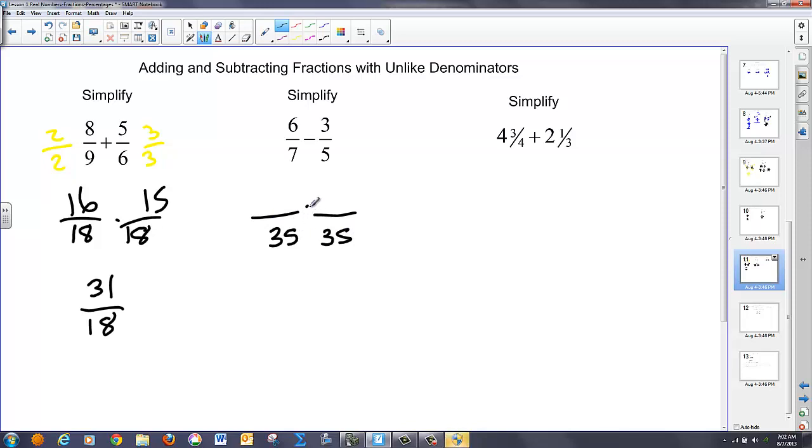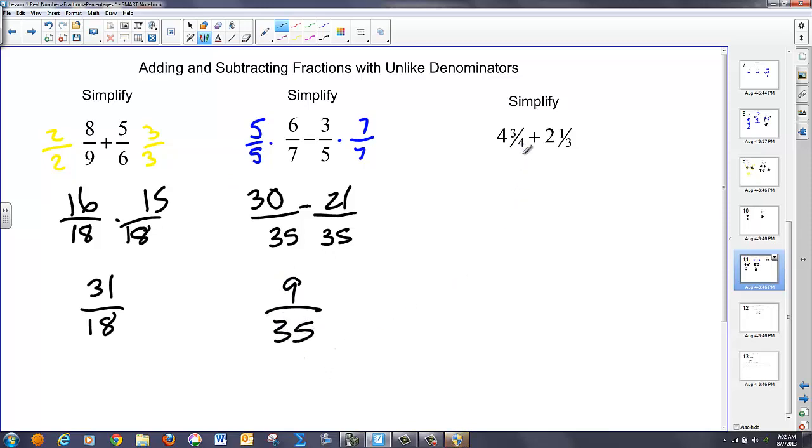Going to have to change my numerator, so once again, I need to multiply by 5 over 5 to this first fraction. I need to multiply by 7 over 7 to the second fraction. In doing so, I get 30 and 21. Subtract the two, I get a total of 9 over 35, and no more reducing can be done, so I'm out.